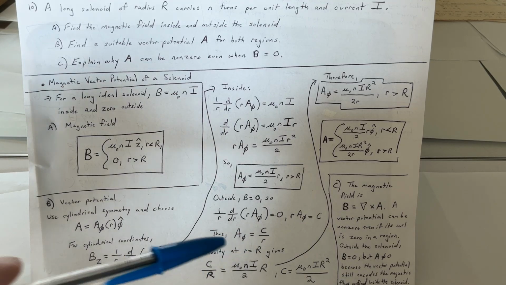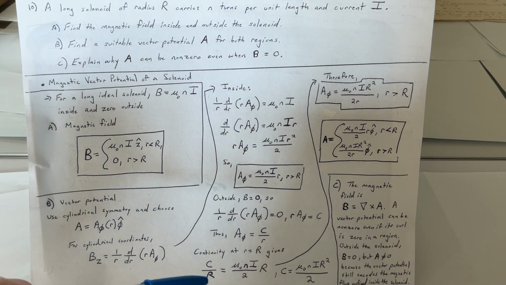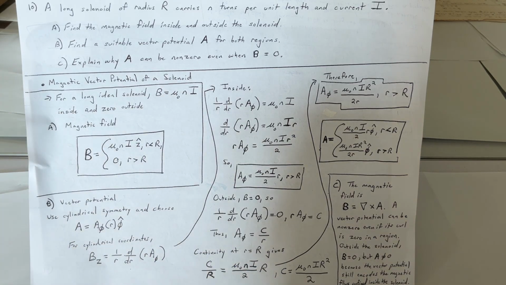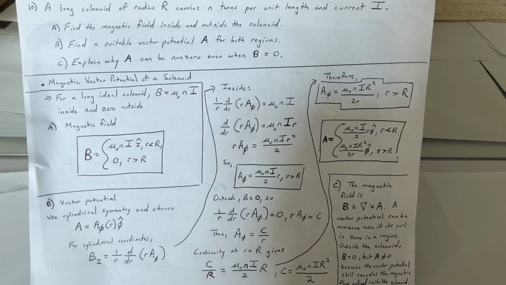Now continuity at lowercase r equals capital R gives C over capital R equals μ0 n I over 2 times R, and C equals μ0 n I R squared over 2 when we isolate C. Therefore, A sub phi equals μ0 n I R squared over 2r, where lowercase r is greater than capital R.